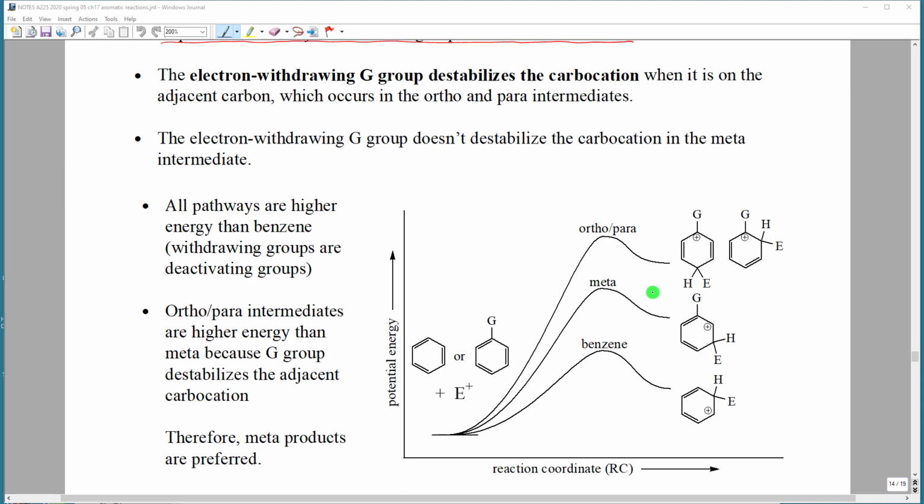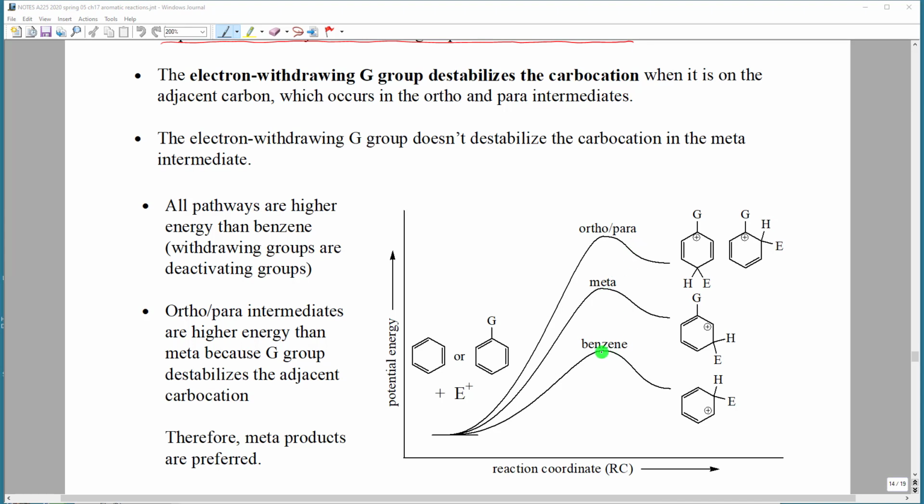Looking at the energy profile then, we have benzene down here. The other two pathways are above benzene because an electron withdrawing group is going to destabilize all the cations. It's going to make that a deactivating group.